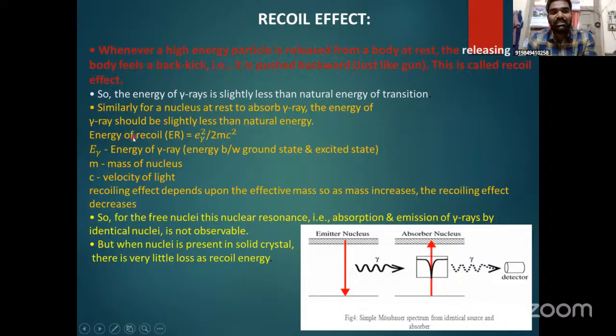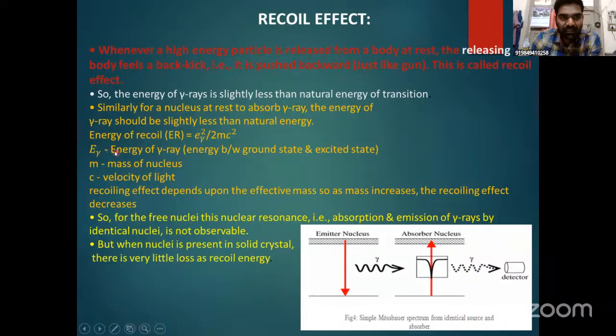Okay. So the energy of recoil, ER, is equal to E gamma squared by 2mc squared.